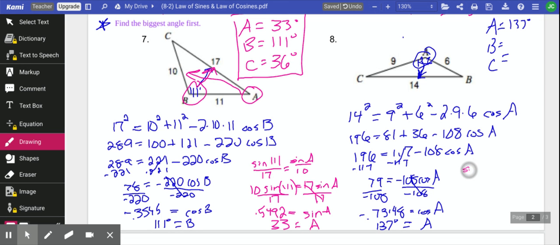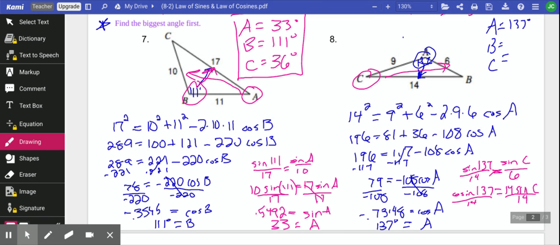So we're going to do the sine of 137 over 14 equals, doesn't matter which one we use, sine of C over 6. We'll cross multiply, so we get 6 sine of 137 equals 14 sine of C. Divide both sides by 14.